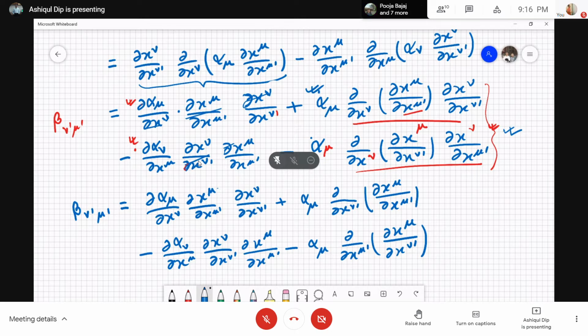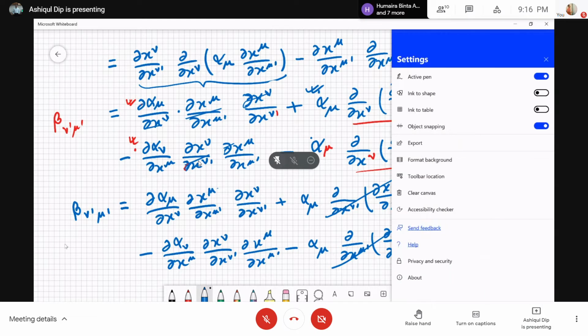Those are independent, and we know that partial derivatives can be switched. So by switching the order of the partial derivatives, this term you can write as alpha mu, delta x mu prime of delta x mu by delta x mu. Then this term and that term cancel out, and we are left with only the other part.